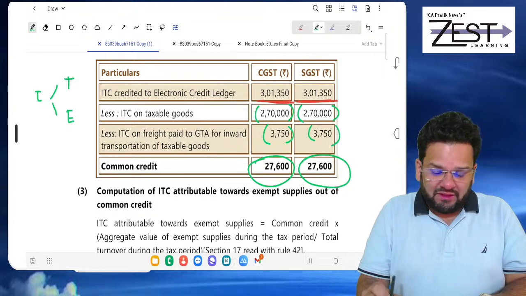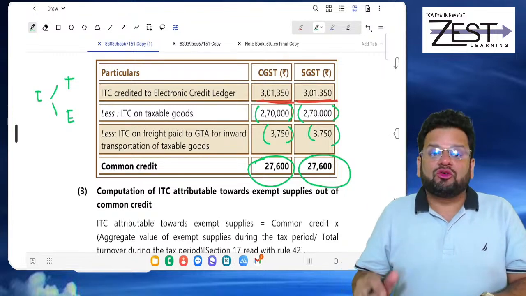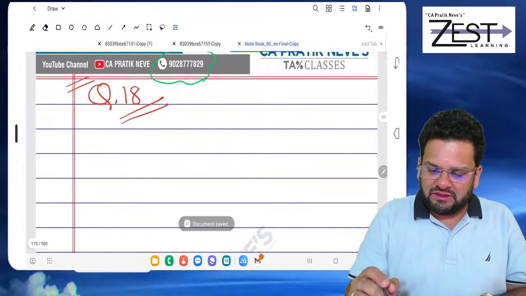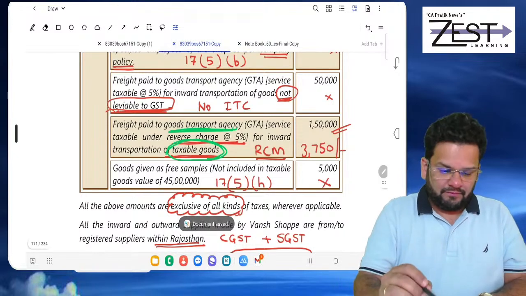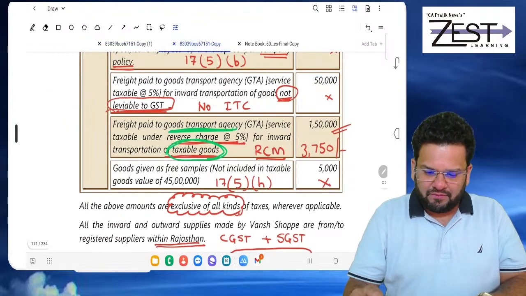Out of 27,600, how much is towards exempt supply? So very simple. What is your ratio of taxable and exempt? Just find out that.